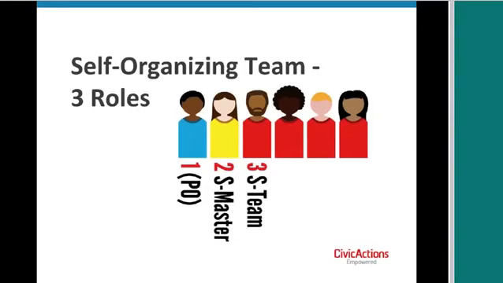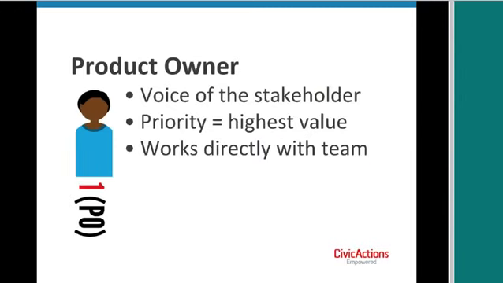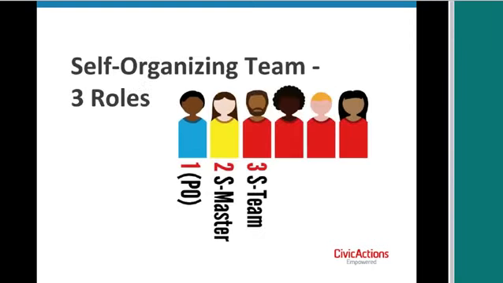The product owner serves as the voice of the stakeholder. They're the ones that understand what work needs to be done. And actually, I should say something about the team. It is a self-organizing team. That means the team decides together how the work should be done.